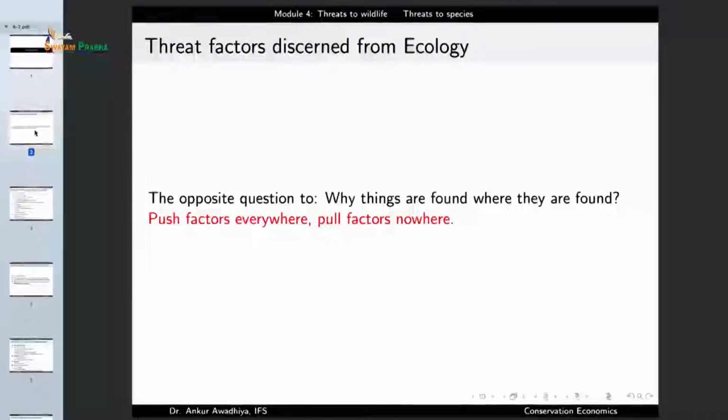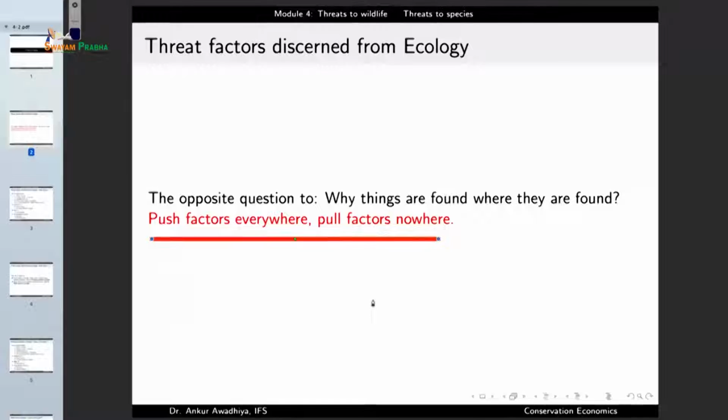So any organism that is found in these areas, there is a very good chance that either this organism will be killed or this organism will shift to some other place. So there are certain push factors and certain pull factors. Now, when we talk about the threat factors, then if an organism is at threat, what does it mean? It means that the organism is facing push factors everywhere and it does not have a pull factor anywhere.